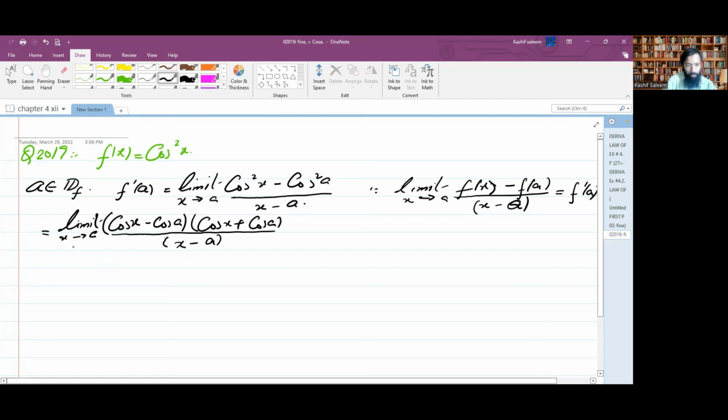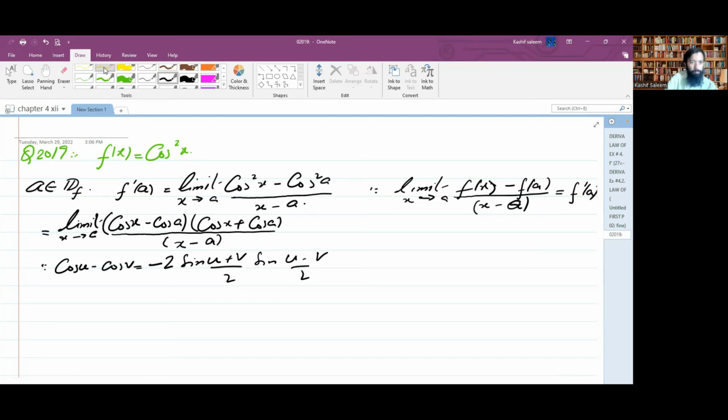So you have to apply cos u minus cos v, since we know that cos u minus cos v is equal to minus 2 sine of (u plus v) upon 2 and sine of (u minus v) upon 2. This is the formula. Now this is u and this is v, so we will apply this formula here.